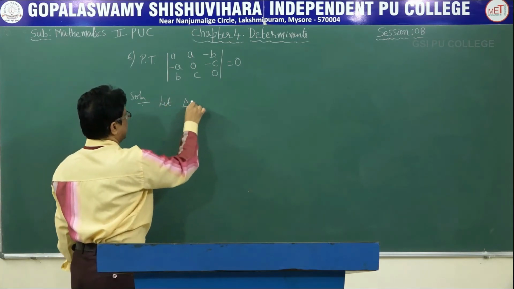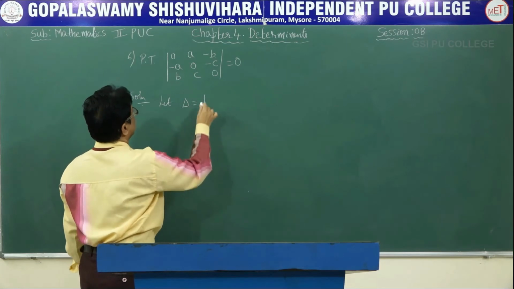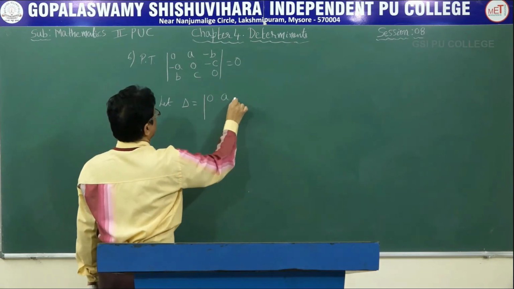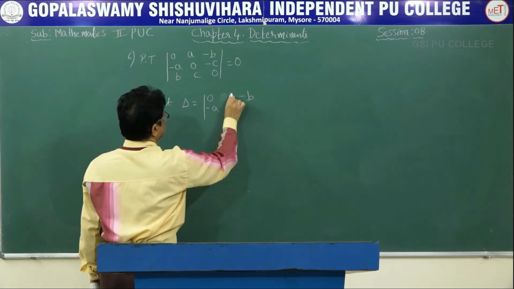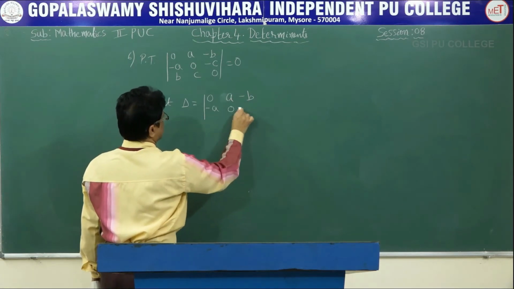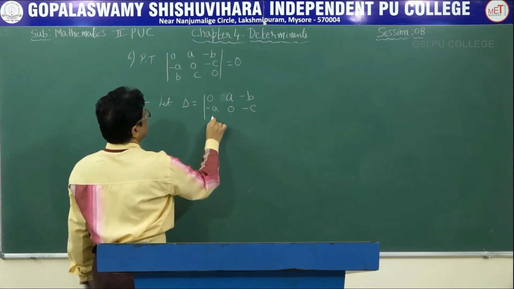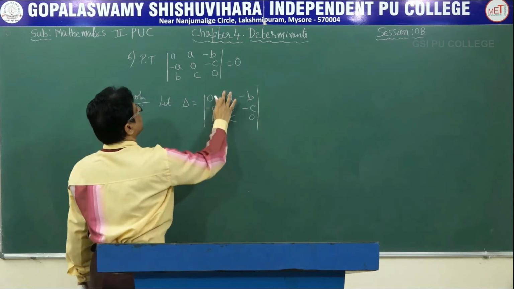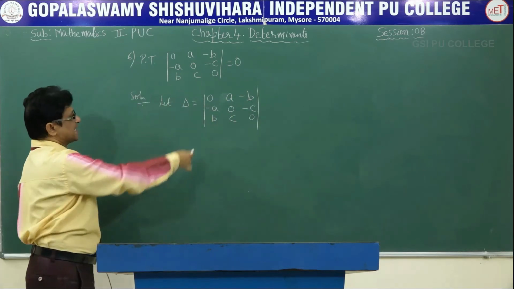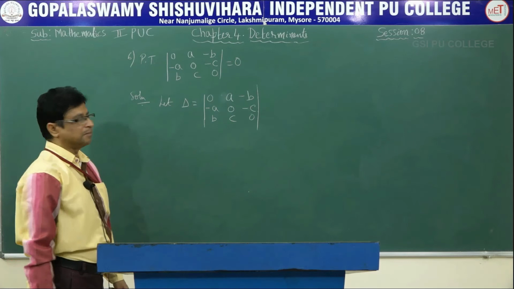Let delta equal determinant of 0, A, minus B, minus A, 0, minus C, B, C, 0. This is the given problem.